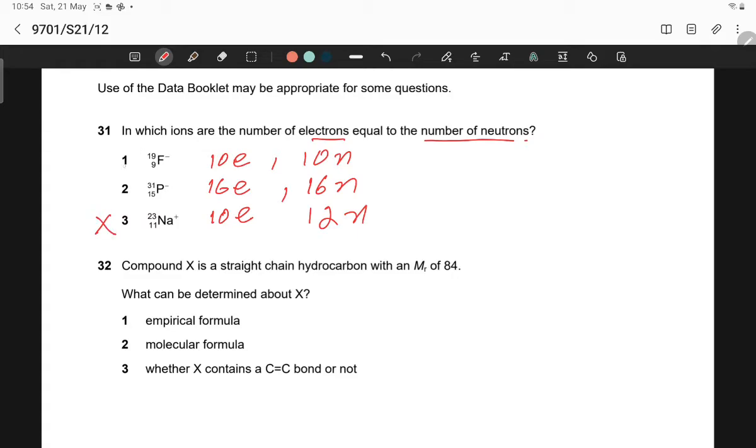Number 3 is incorrect, 1 is correct, and 2 is also. If 1 and 2 are correct, the option is B.